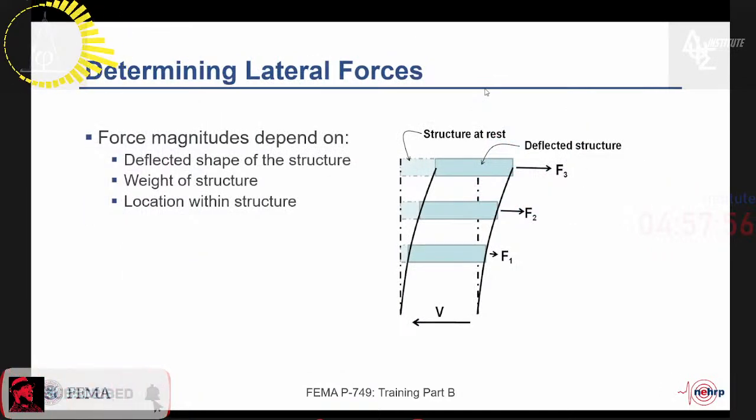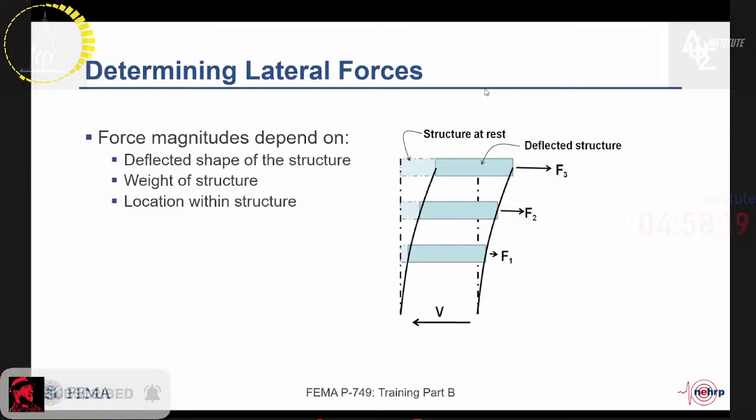In determining lateral forces on a structure for design of the seismic force resisting system, it's important to understand the deflected shape of the structure, the weight of the structure, and the forces are going to be dependent on the location within the structure. Basically, the seismic design forces are determined as a function of the modal shape of the structure when in free vibration.